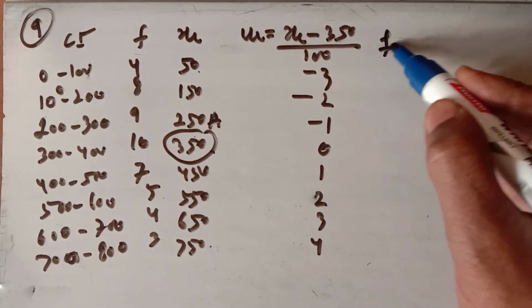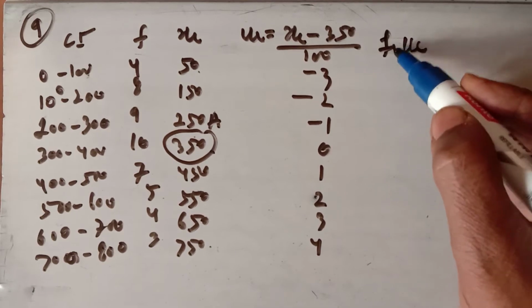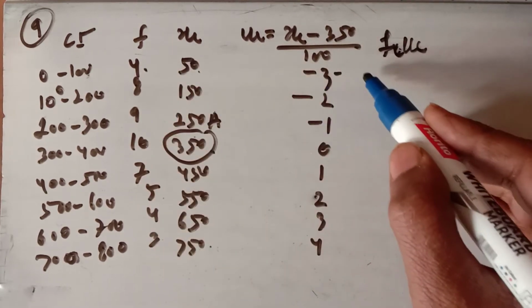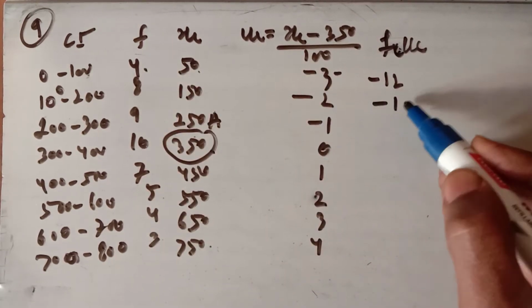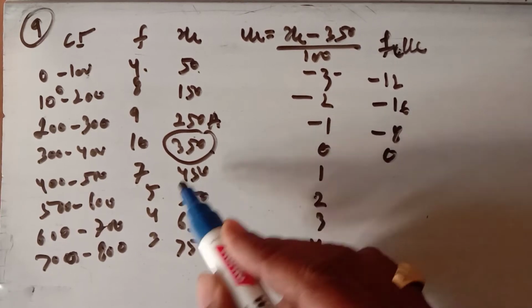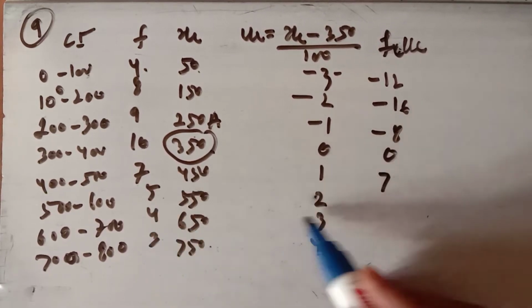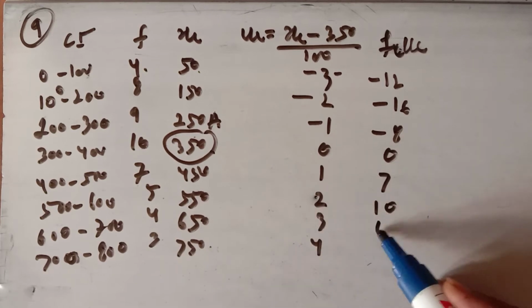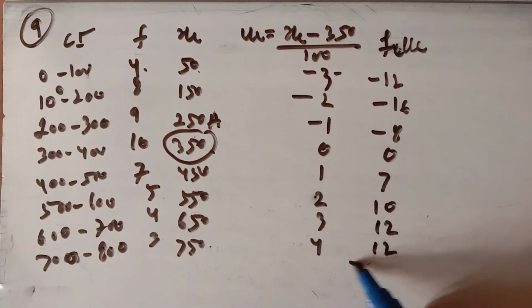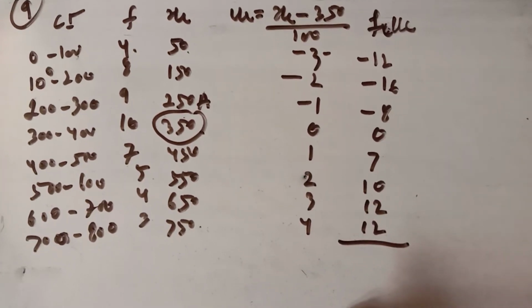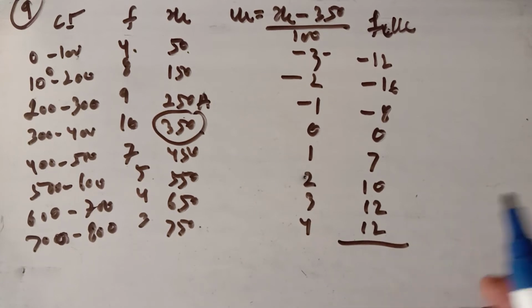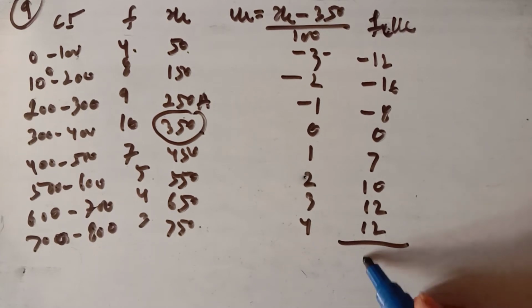Then you have to multiply fi with ui to find the mean. So minus 12, minus 16, minus 8, 0, 7 into 1, 7, 5 into 2, that is 10, 4 into 3, that is 12, 3 into 4, that is 12. We are making this column to find the mean, and the sum of this is coming out to be 4.